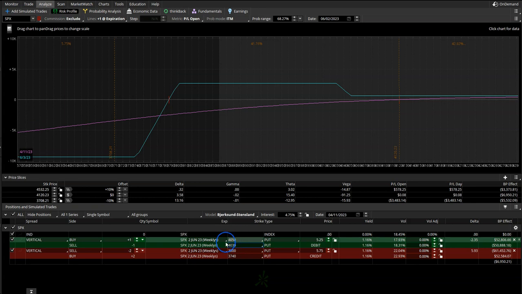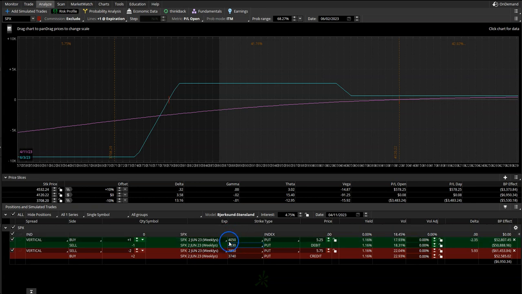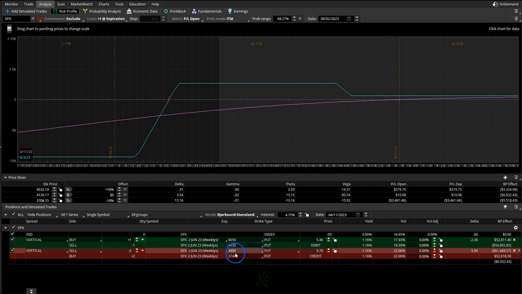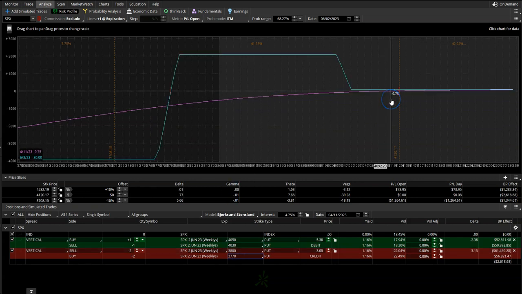So you get a 20-point wide put debit spread, and then you can use maybe a 30-point wide put credit spread, and you're using two of them. Right, so you're still collecting a credit up front, small credit, $85, and on the downside, the margin goes from 7,000 or 8,000, whatever we were, to under 4,000.